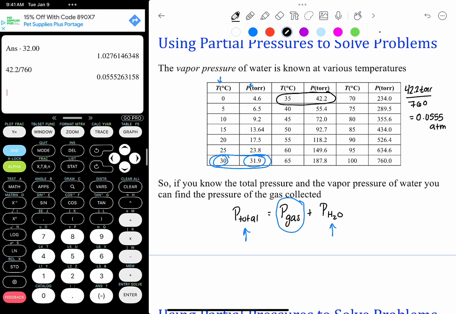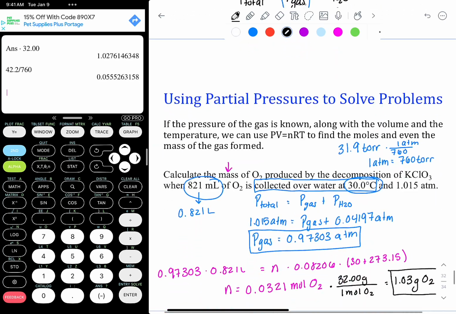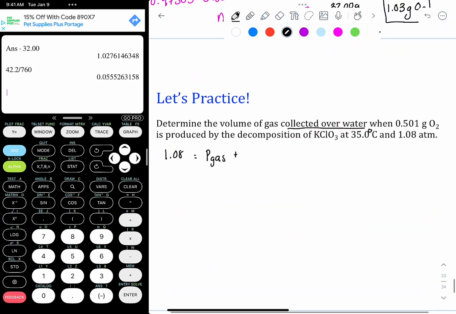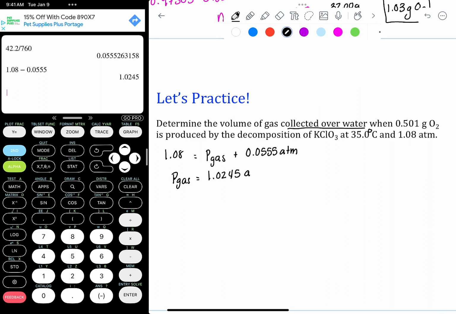So we'll use that as our pressure for water. So our pressure of water, 0.055. So to find the pressure of the gas, we do 1.08 minus that pressure of water. So we get P of the gas is equal to 1.0245 atm.